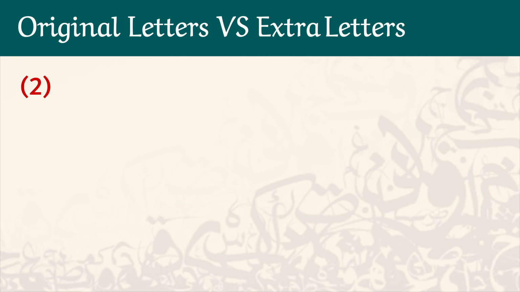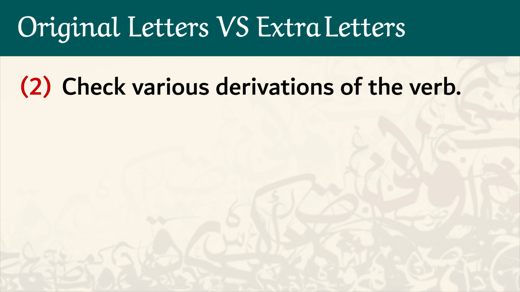The second sign through which you can differentiate between the original and extra letters in a verb is to check various derivations of the verb, and you will find that the 3 original letters are present in all of them. Let's take this verb we had before, كتب.